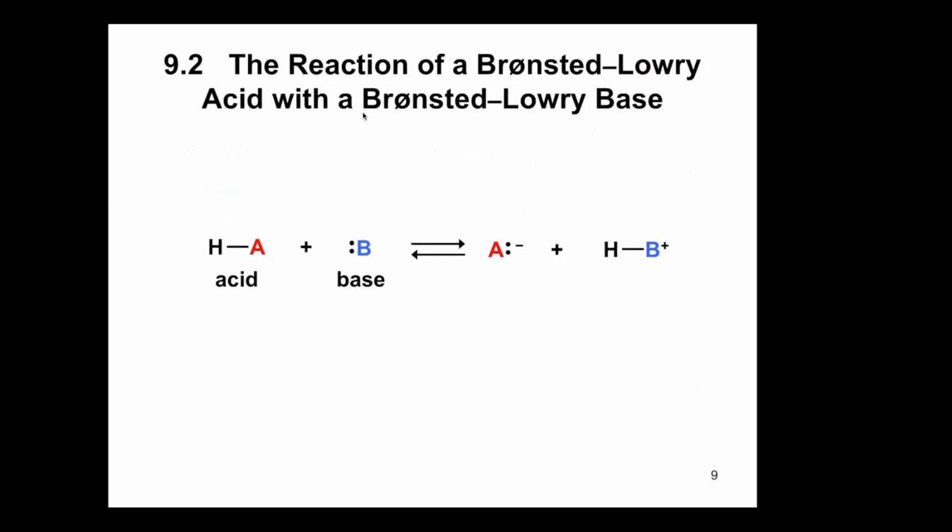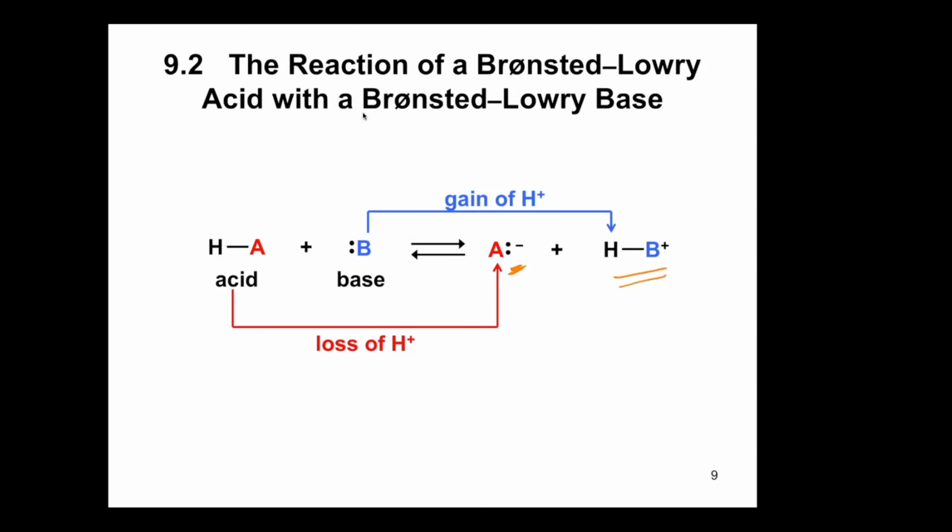So, in the reaction of acids and bases, again, we have the formula HA for the acid, and B with a colon for the base. This is just the general formula. Okay, as you can see, when the acid donates a proton, the product from the loss of a proton might somehow resemble the general formula for the base. And likewise, the product formed from the gain of a proton resembles the formula of an acid.